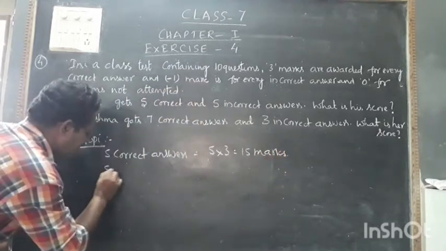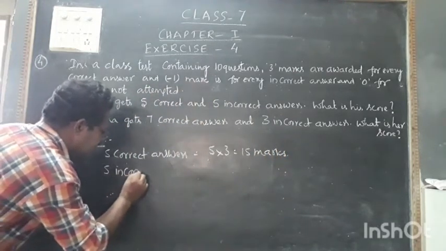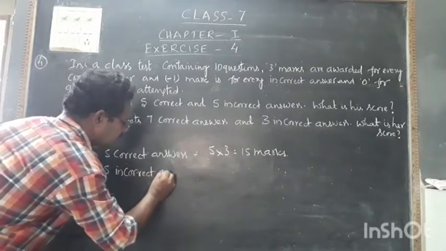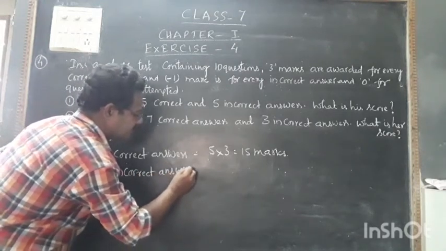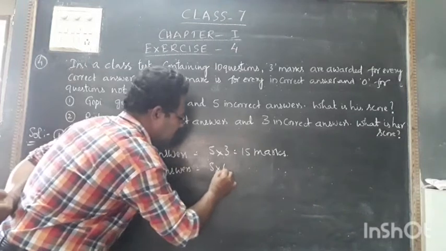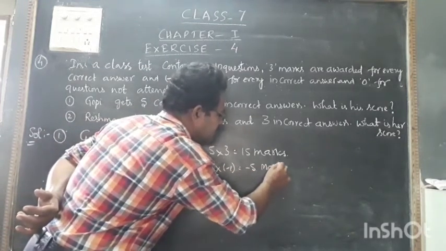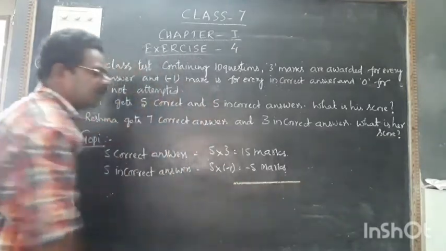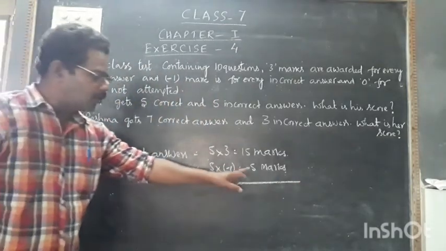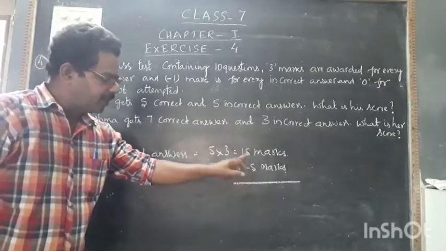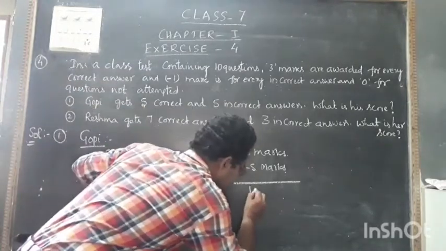And 5 incorrect answers means 5 into minus 1, which is equal to minus 5 marks. So finally he got 15 marks and we have to deduct 5 marks. 15 minus 5 is equal to 10 marks.